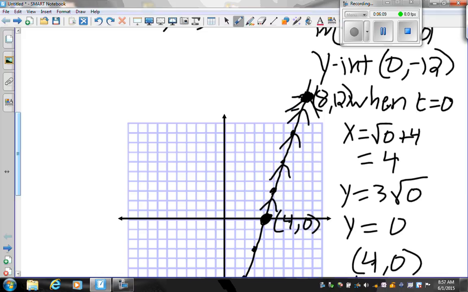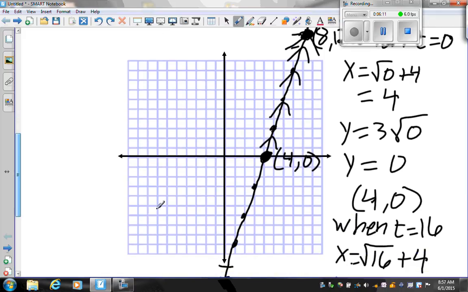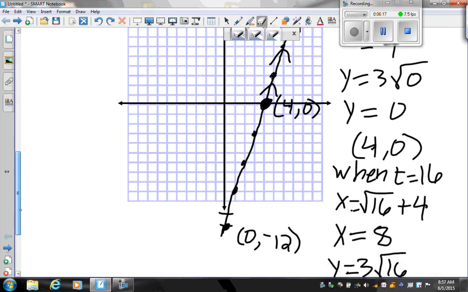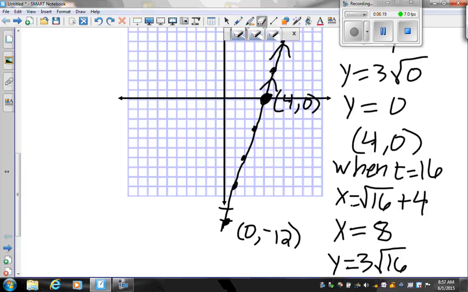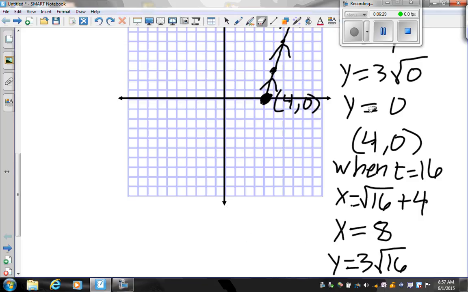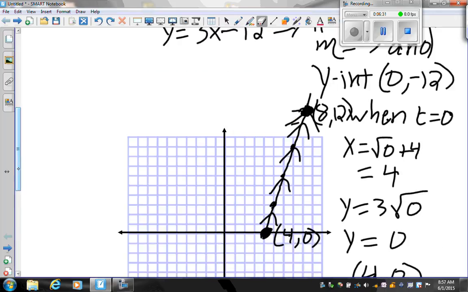And in fact, that's all we need to include for the graph, because our interval for t does run strictly from 0 to 16. So this portion of the graph below the point (4, 0) can be erased, and the portion above the point (8, 12) can be erased.